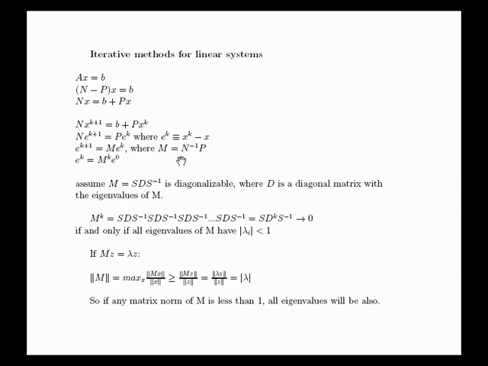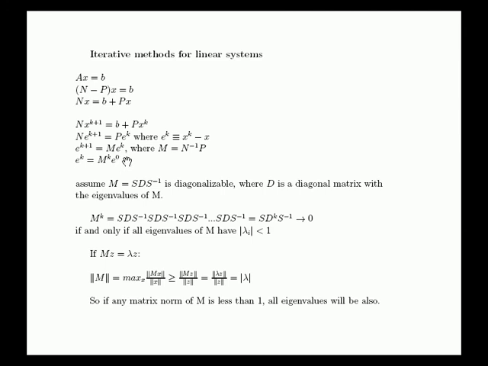Before I go into the example, a couple of things here. Notice that the b vector has nothing to do with whether or not it converges. It doesn't matter what b is. It's A that determines the convergence. Well, it's N inverse P. And furthermore, the initial error doesn't matter either. That's different than nonlinear problems.